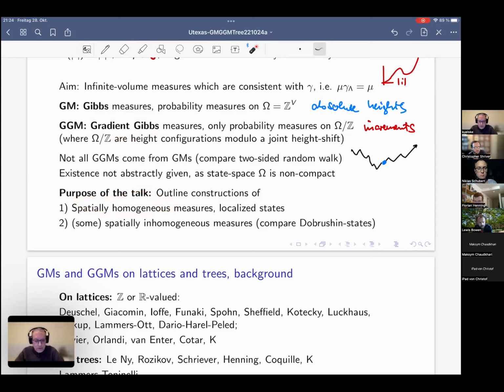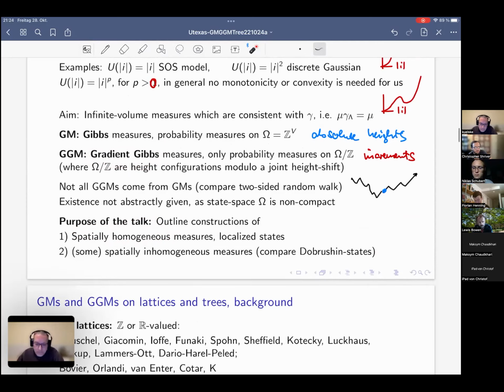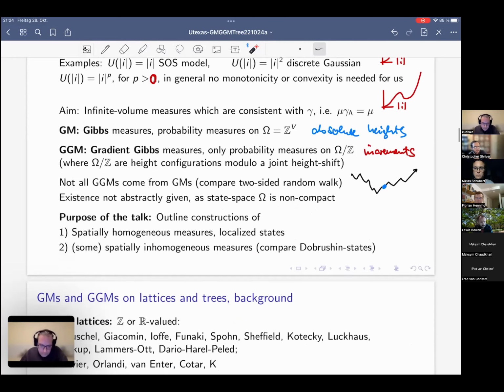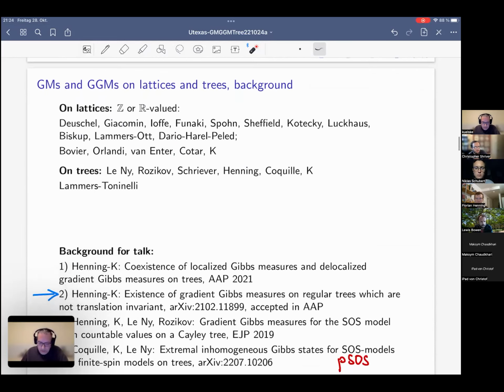Then I will also talk about these measures for a homogeneous model, which we always have. By this, I simply mean that the Q do not depend on the edge. You could also make Qs which depend on the edge, but at first we don't do this. But nevertheless, even if you have homogeneous interactions, we can have spatially homogeneous measures.